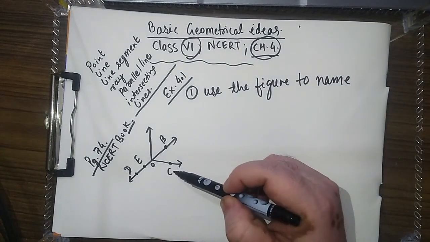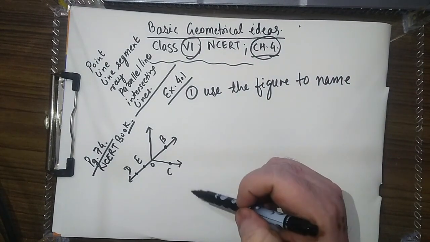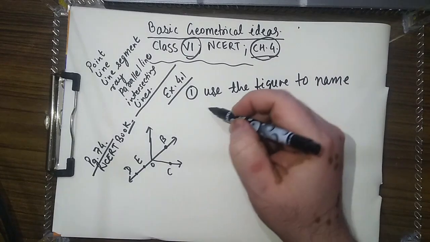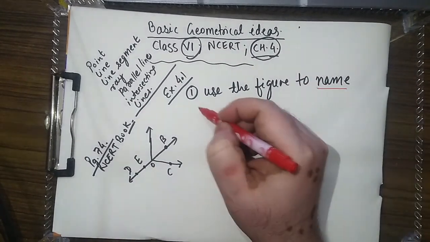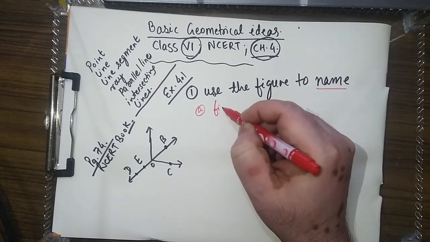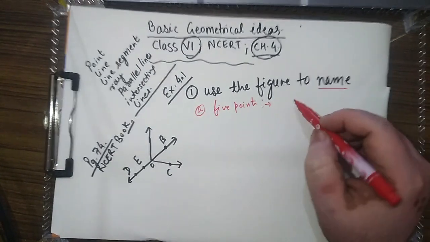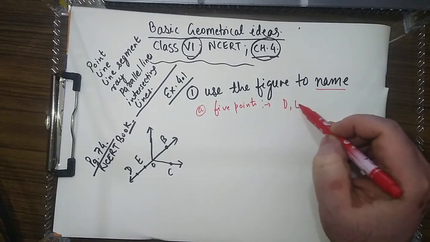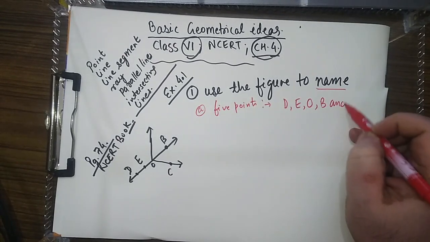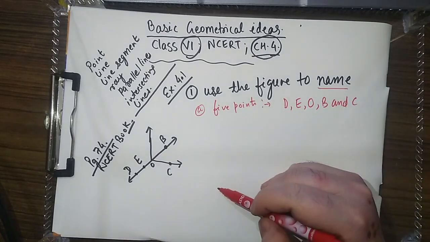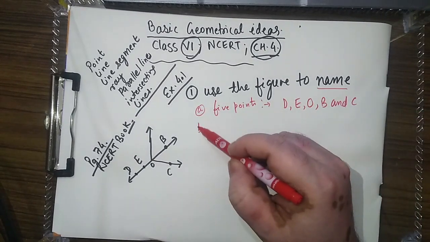And here are O, C and B. Now the first question is to name five points. So the answer would be D, E, O, B and C are the 5 points.